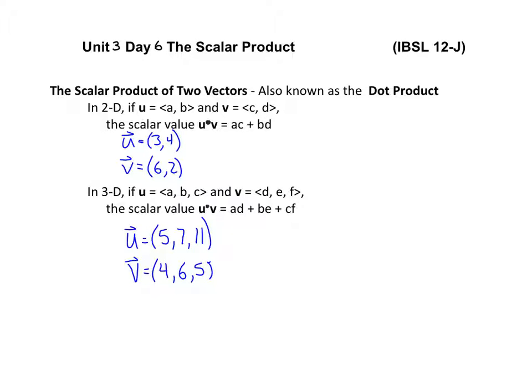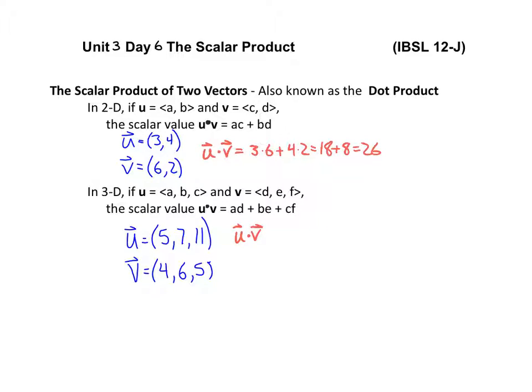Alright, so in this case, if I were doing u dot v, I would do 3 times 6 plus 4 times 2. And I'd have 18 plus 8, which is 26. Okay? It's relatively simple. Then we have u dot v with 3 dimensions.